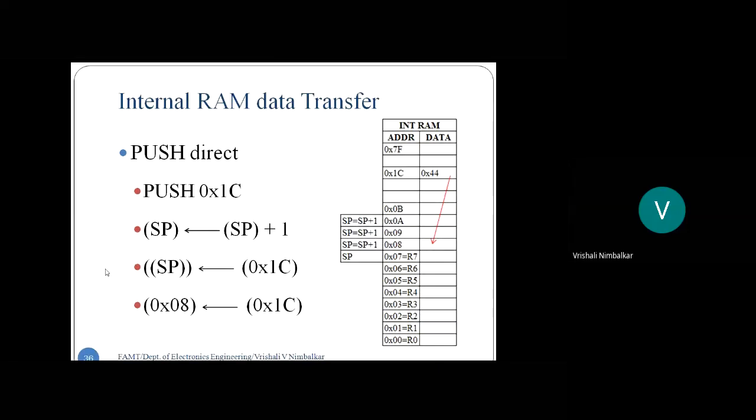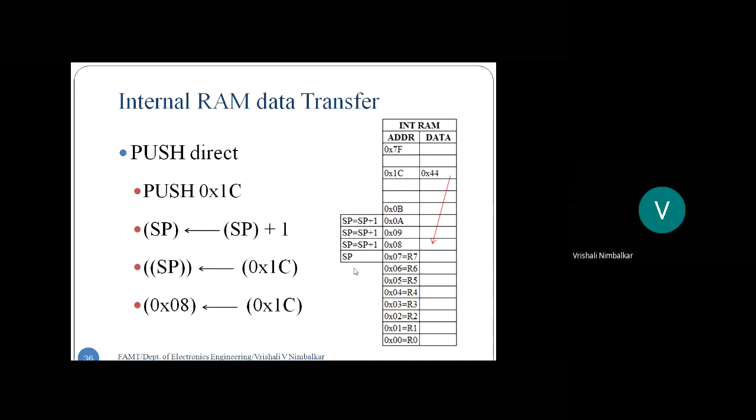Okay, students. While storing on stack, the pointer first increments. SP plus 1 is the new SP. The stack pointer first increments and then the data is stored. From where? 1C hex, which is a memory location. So data from this memory location is picked up and stored at the new pointer. Look at the table, students.